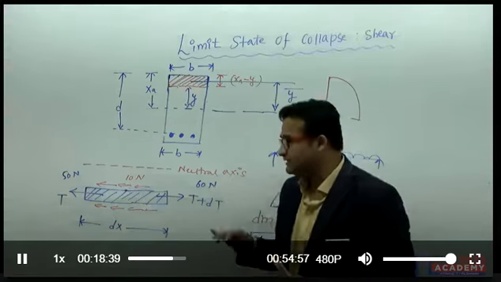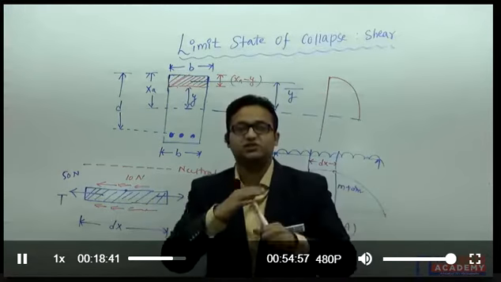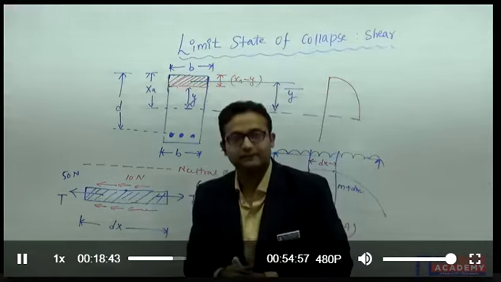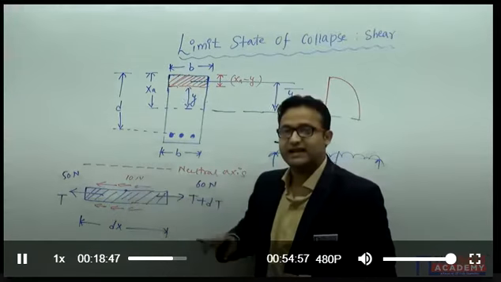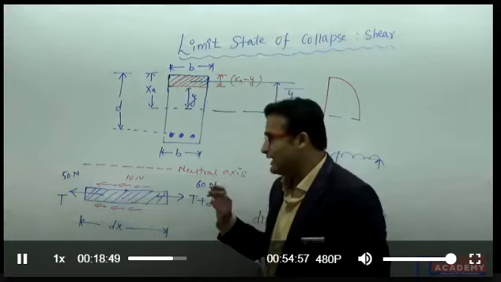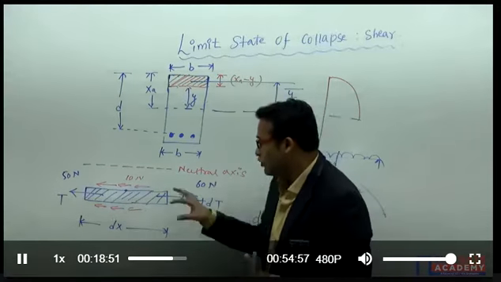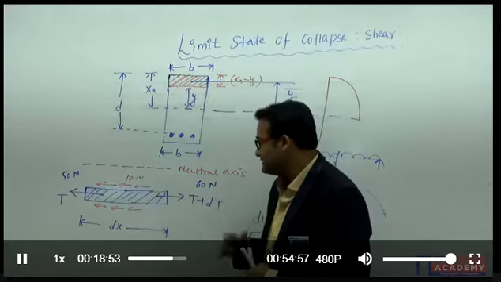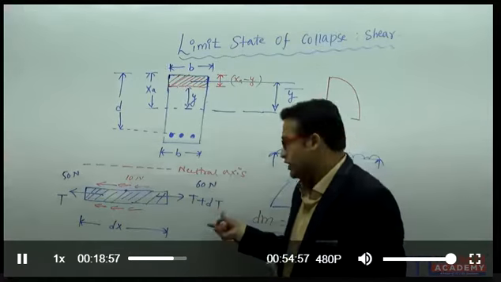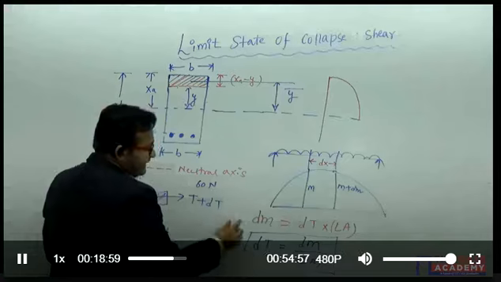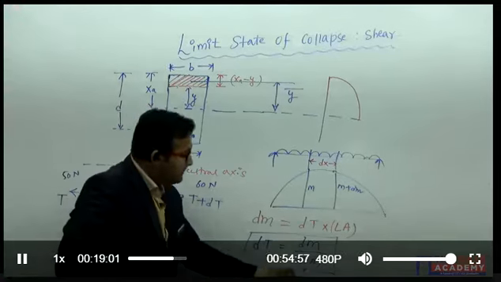And that force, that stress, is nothing but your shear stress taken by the concrete. So this is the shear stress acting in the concrete. What I am going to do here is analyze this, and this additional dT is nothing but your 10 Newton, and I know this dT is equal to dM by lever arm.